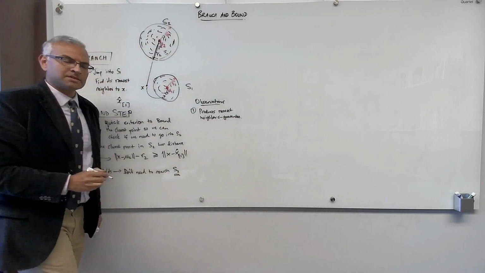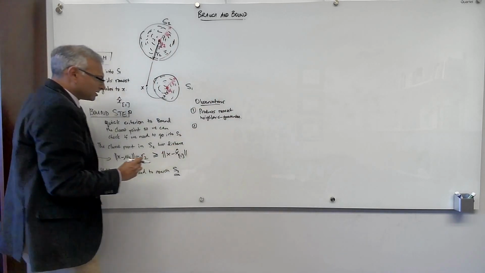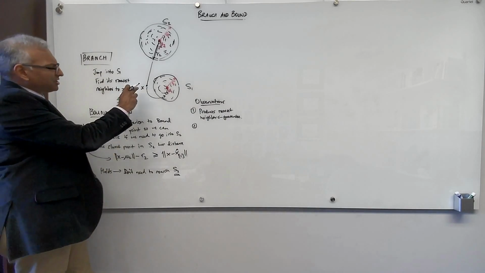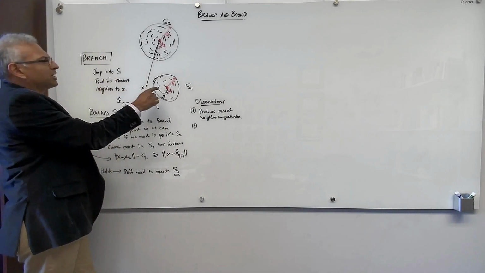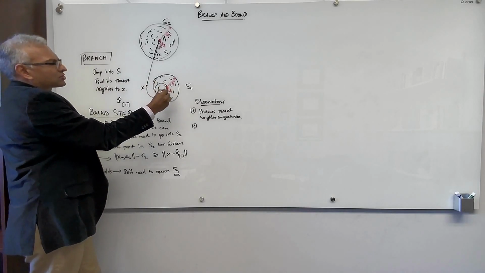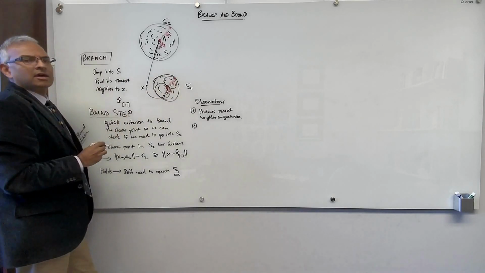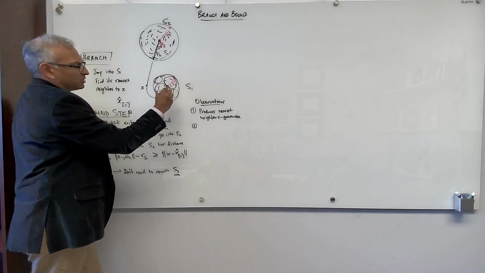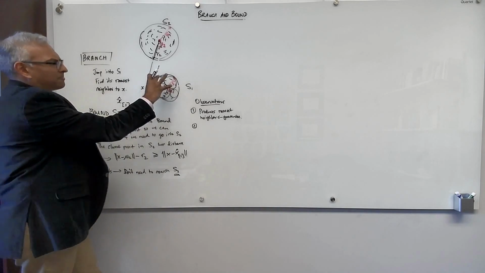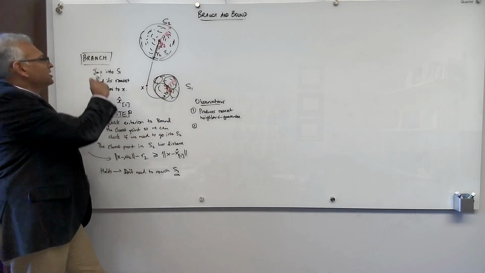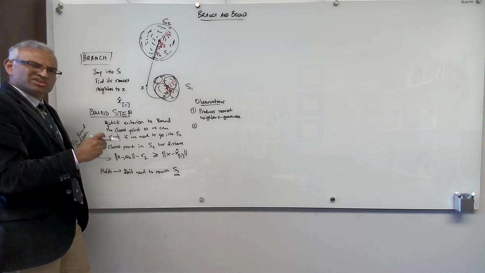The second thing we can observe is that there's nothing to stop this process from occurring recursively. When we jump into S1, S1 could also be stored as a pair, or maybe 3 or 4 clusters, subclusters. So we can hierarchically run the branch and bound algorithm, and that's usually how it's done.